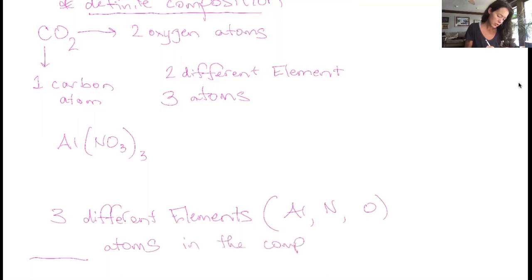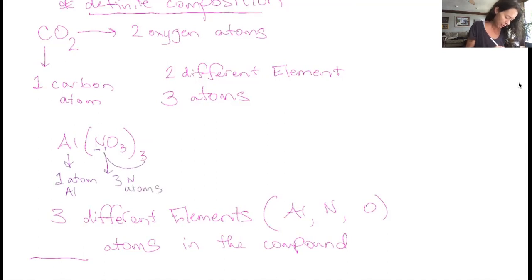Well, let's make sure we understand how to look at this. I would see this as 1 atom of aluminum. Now there's 1 nitrogen in here, however, I have 3 of those, so I have 3 nitrogen atoms.